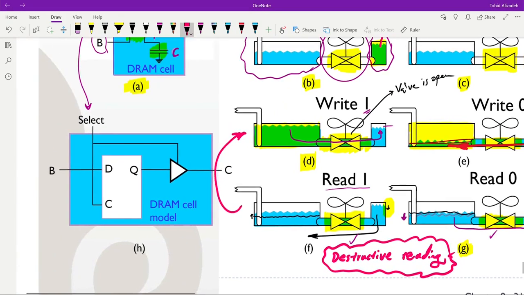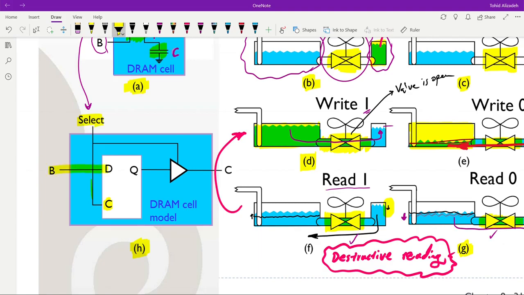Over here in the part H, you can see the dynamic RAM cell model. In the model, we are using the D-type latch, which receives the clock, the C input from the select.